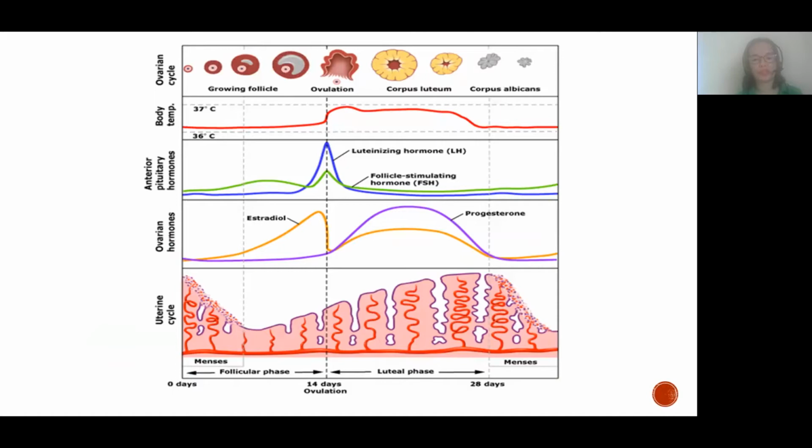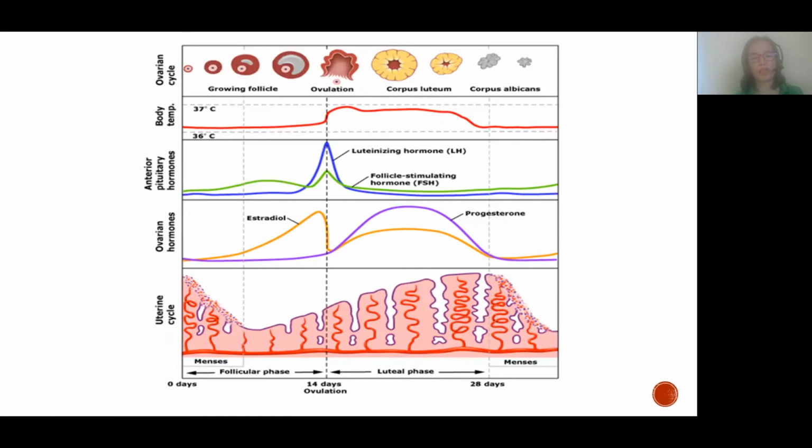I want you to look at the diagram and see what you observe in this reproduction cycle. From here you see that this reproduction cycle happens in a span of 28 days.